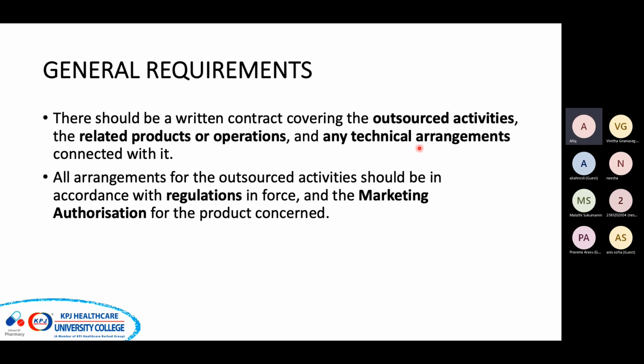For example, the method of producing the product, or it requires certain training for maybe the mixing process, for example, or the formulation process. So these are within the technical arrangement that needs to be specified between the contract giver and also the contract acceptor.